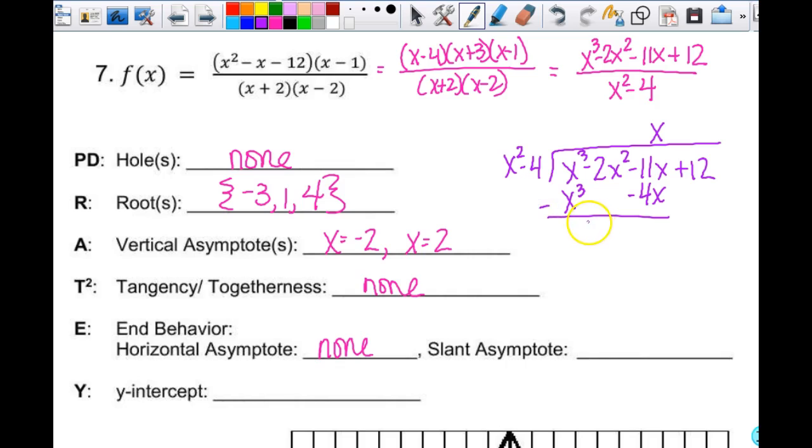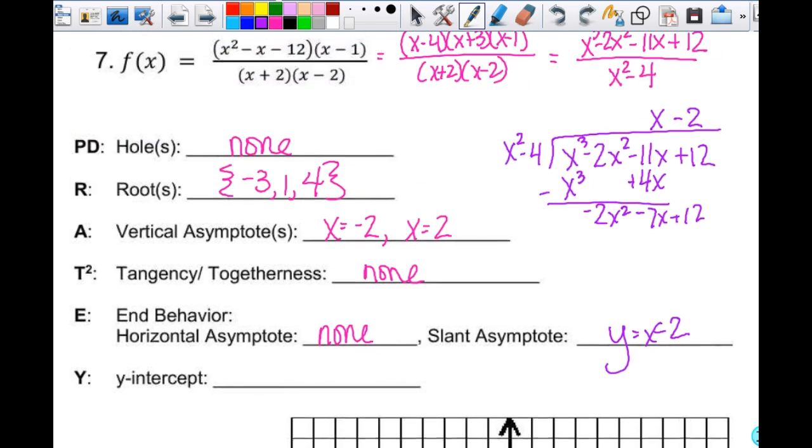Change my signs. That brings down -2x squared minus 7x plus 12. X squared goes into -2x squared minus 2 times. The rest doesn't even matter because I don't care about my remainder. y equals x minus 2. Okay.